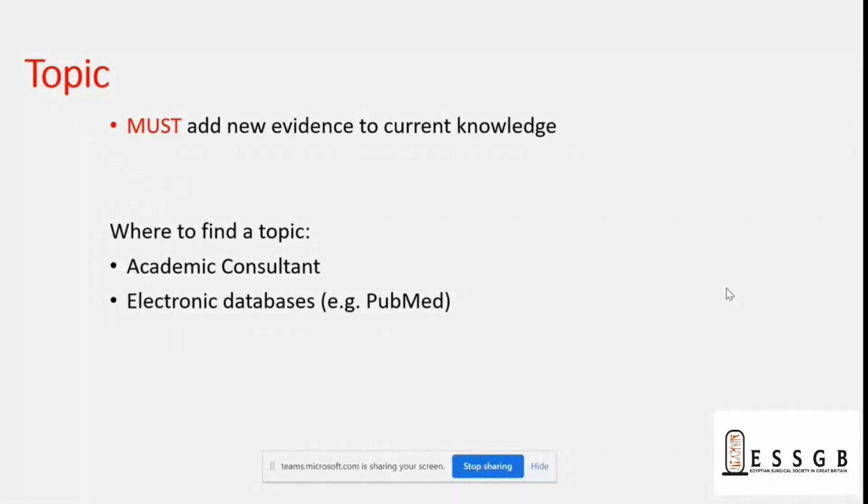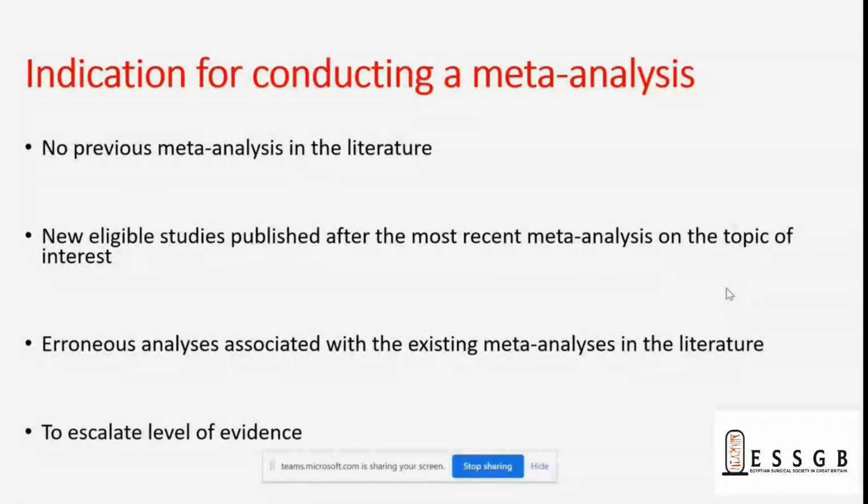I mean the academic consultant, because sometimes their topics are good, but I'm yet to find a topic from a consultant who meets the following criteria. There are 4 indications to do a meta-analysis, and the consultant who offers you a topic may not necessarily know about this.